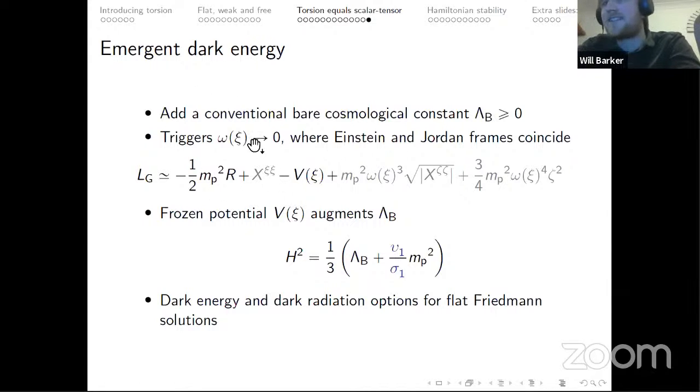So all you have left is Einstein's gravity and this positive definite potential term. And so this is just going to be straightforward dark energy. Basically, if you put in a positive or zero cosmological constant, you end up augmenting the expansion rate by, again, some ratio of the dimensionless couplings in the theory.